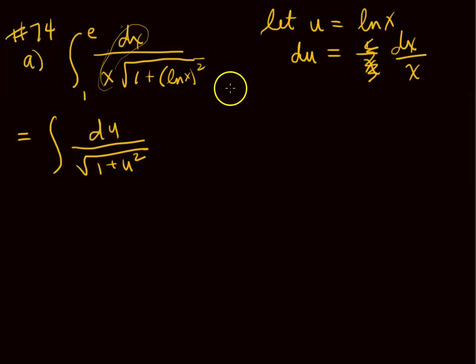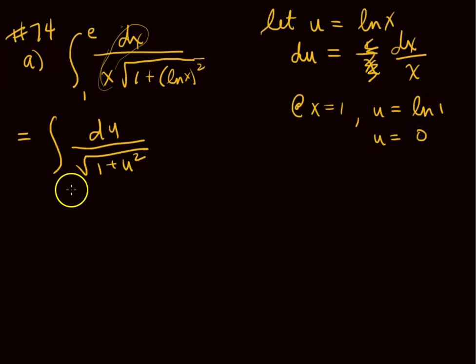Now, I do need limits. Let's see. At x equals 1, u is equal to ln 1. And u then, what is ln 1? That's 0. At x equals e, u is equal to ln e. Well, let's see. What power do we take e to get e?